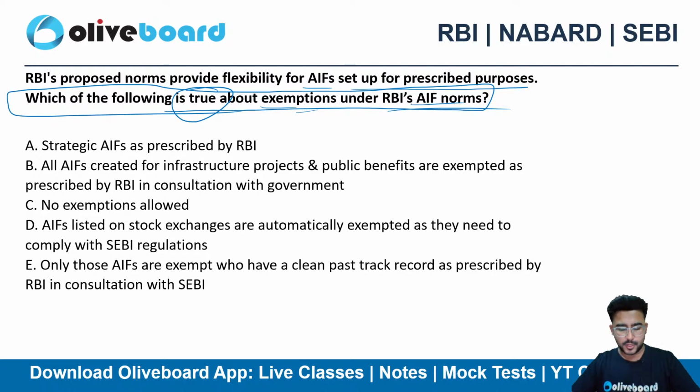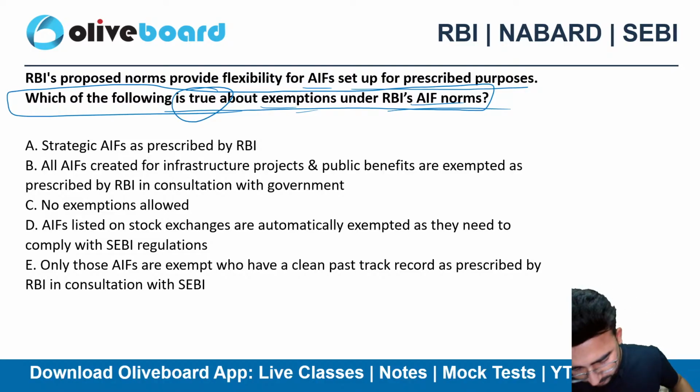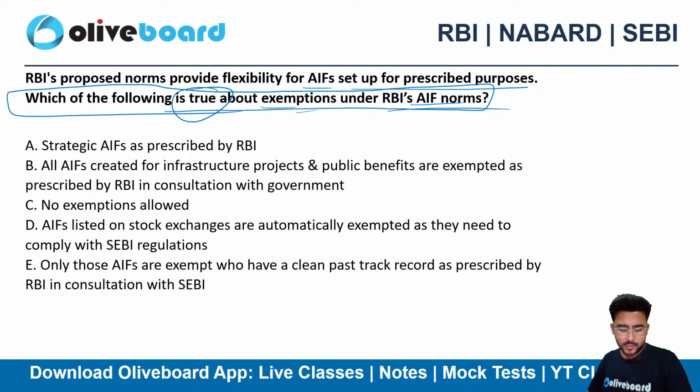Options are in front of you. I'll be giving you 1 minute. Have a quick look and let me know what should be the correct choice here. Remember that we need to identify the true statement from the given options, right?